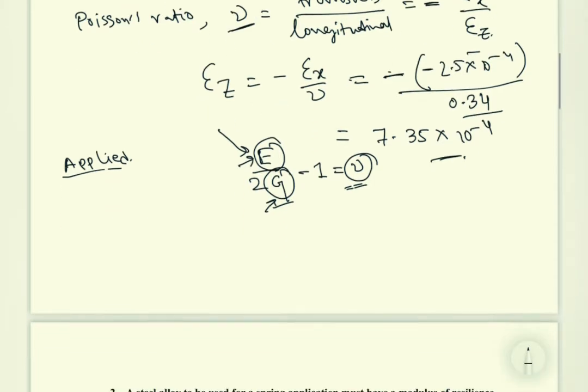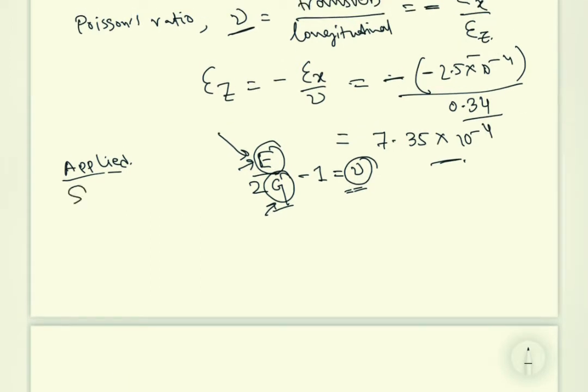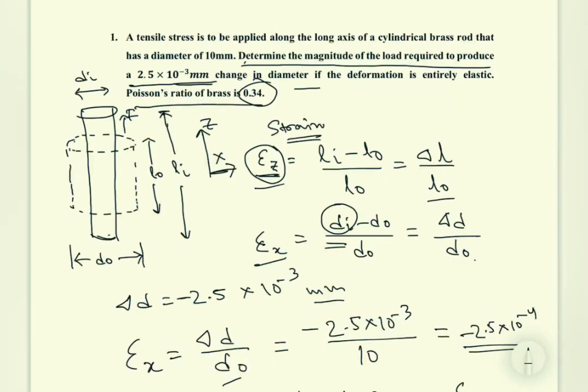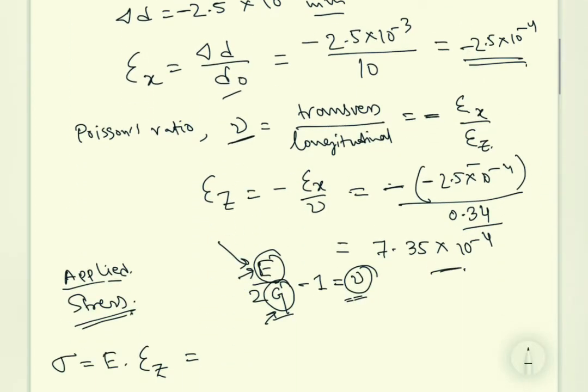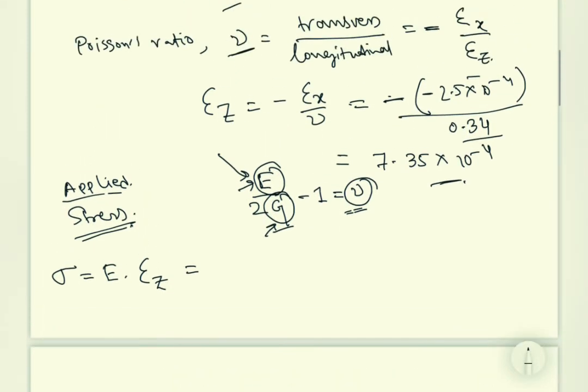Then we can get the Poisson's ratio if we have E and G, the Young's modulus and shear modulus. So what is the applied stress? The applied stress sigma is E into epsilon z. I forgot to put here that the E of brass is 97 × 10^3 MPa, that is 97 GPa.